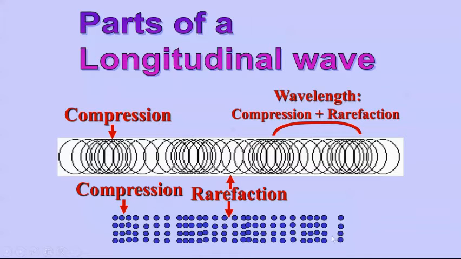Now, if you look at the wave at the bottom here, right, these little dots, a sound wave looks more like this, where you can imagine these little dots are air molecules. And with a sound wave, there are areas of the air where the air pressure is higher, meaning the air molecules are closer together. And there's parts of the air where the air molecules are farther apart.